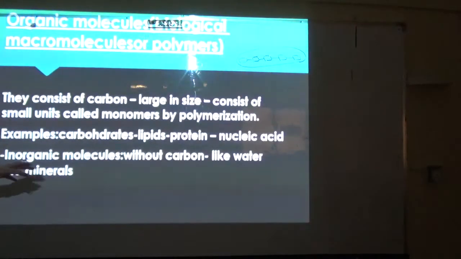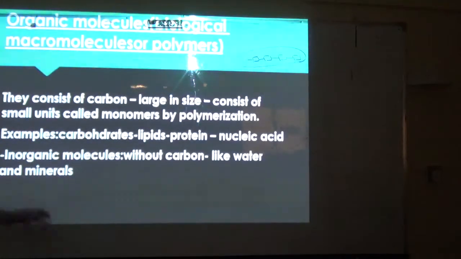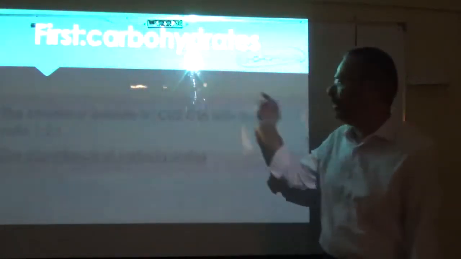Of course, we also gave the examples for the inorganic molecules, which are without carbon, and examples of them are water and minerals. Now we will start with the first example of the organic molecules, which is carbohydrates.